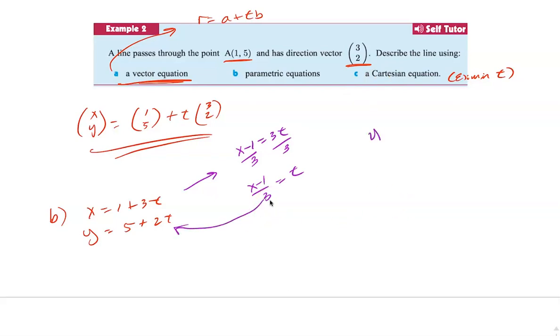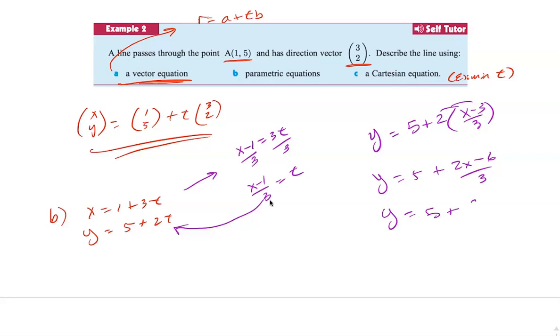So I'm going to get y equals 5 plus 2 times (x minus 1) over 3. If I want to simplify that a little bit, I could, and if I want, I could even do more with that. That gives 2x over 3 minus 2 over 3.